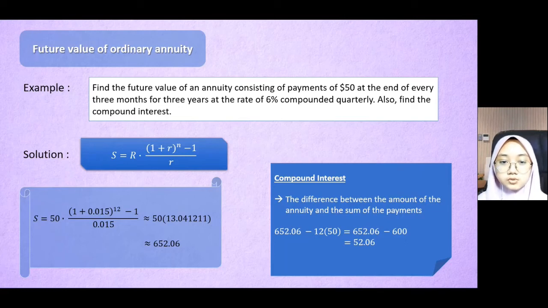So the interest rate in the formula is 0.015.